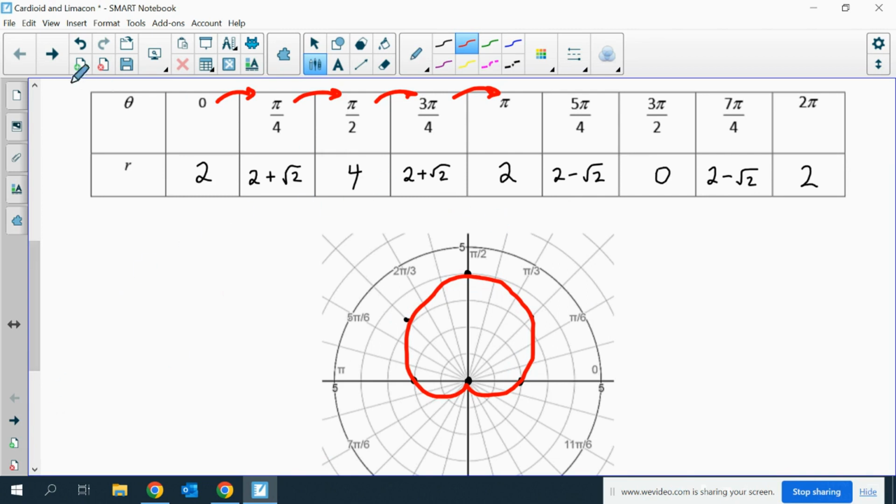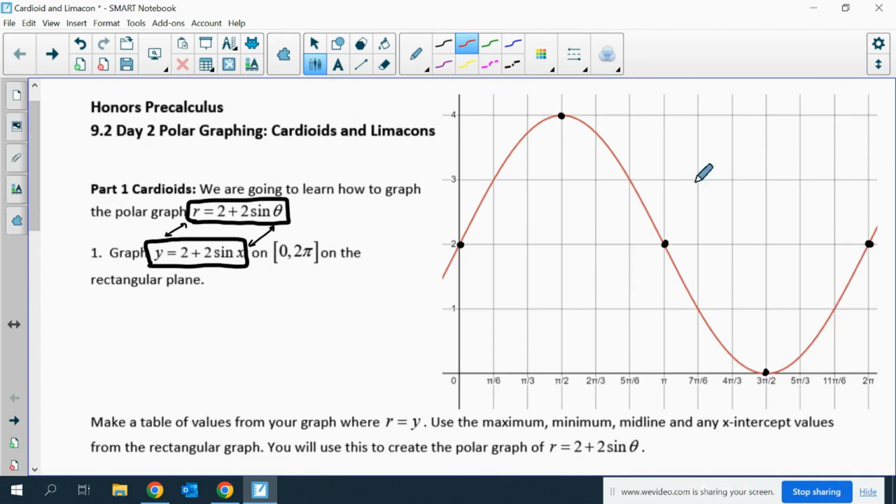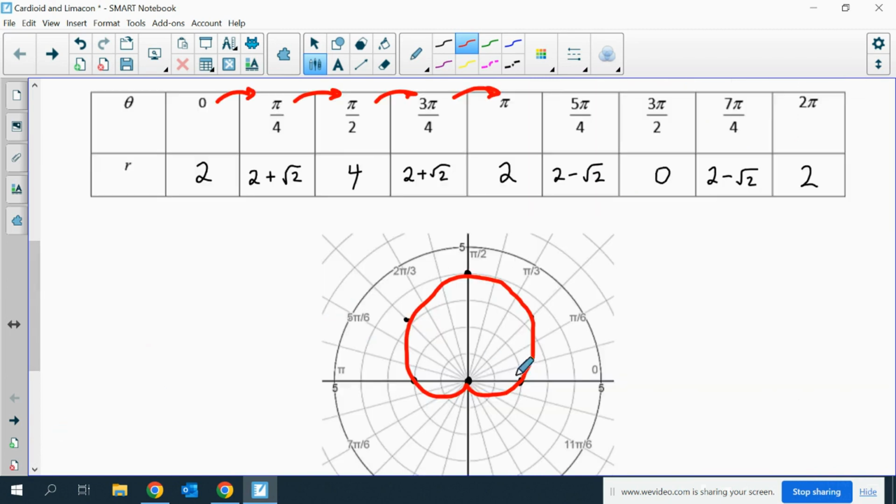Now, one thing to notice is that once we hit 2 pi, if we continued, this graph would look identical, so we don't need to go any further. We would just keep tracing over exactly where we had already traced. So the period of this polar graph is 2 pi.